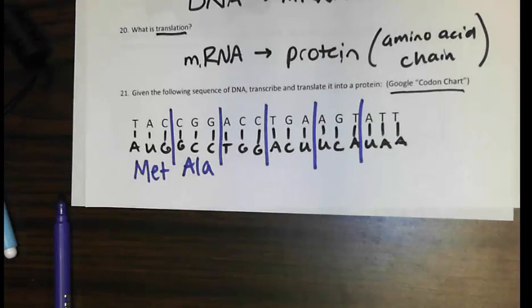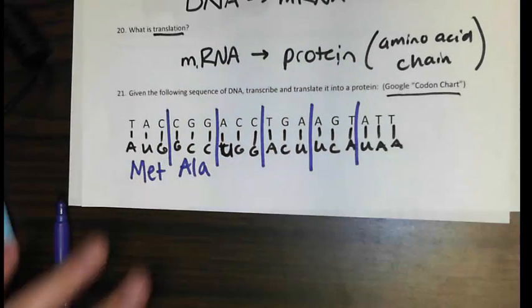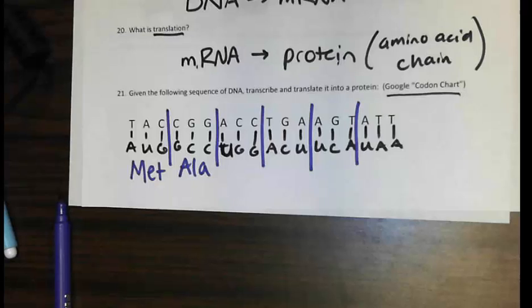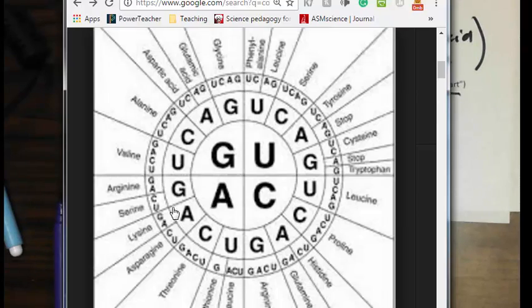Whoa, did you catch the mistake Mrs. Rhodes made? Yep, put a T instead of a U, rookie mistake on a video for everybody to see. But if you are translating and you see a T, you could change it, because that's a great time to catch your mistakes, because obviously there are no T's on your codon chart.